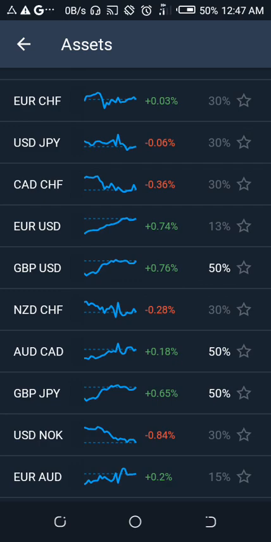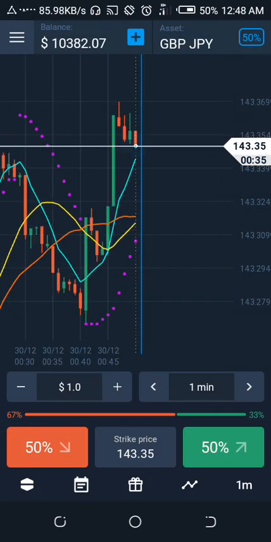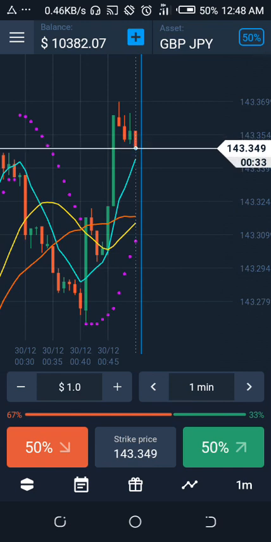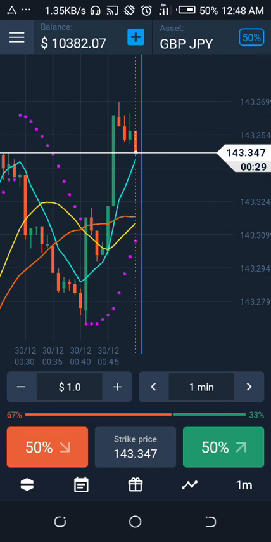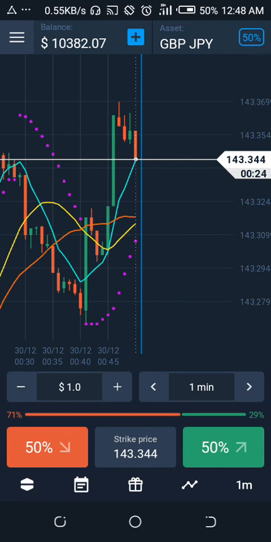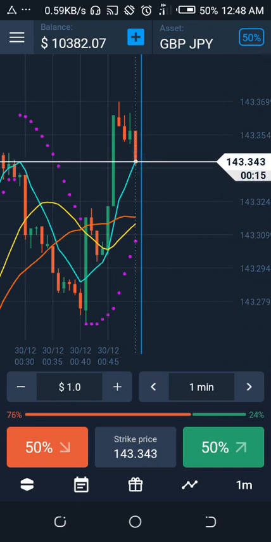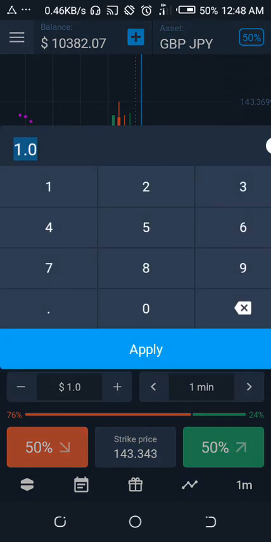That's number 2. Then number 3, you have to make sure that the money to be used in staking for your trading is confirmed. You have to make sure you are not entering an amount that is not reasonable.